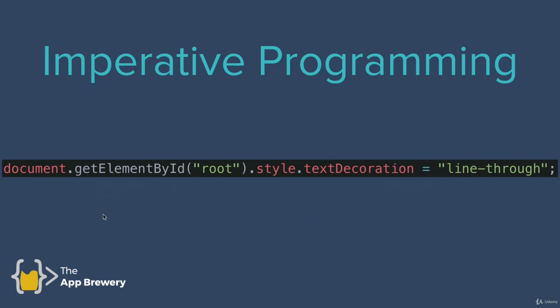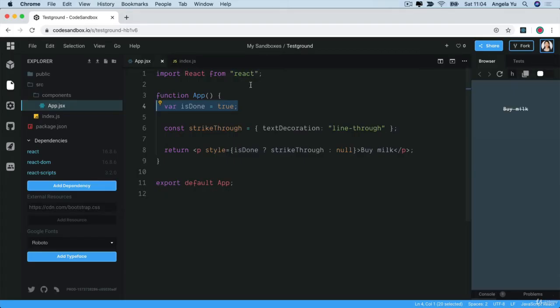When we say document get element by ID, and then we tap into its properties, and then we set it equal to something, this is us imperatively telling this element to do something different. And you can achieve exactly the same results.